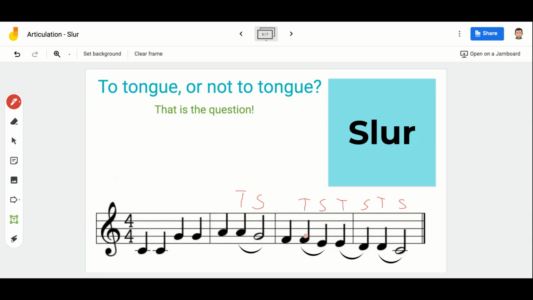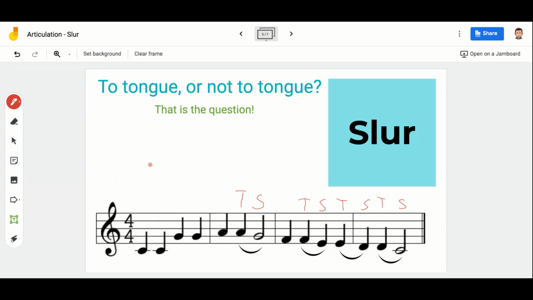Here, I'll try another pattern of notes, just these two together. Just trying to get used to ta, tongue, slur, ta. I don't tongue anywhere that it says slur, right? If it's under this nice smooth connection, it doesn't get a tongue, only the first one.